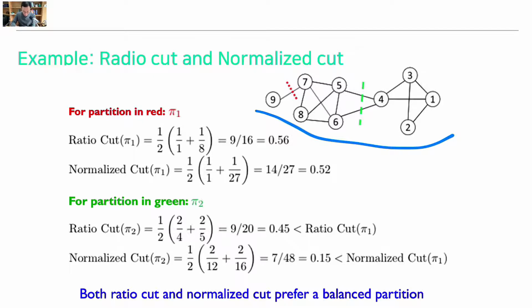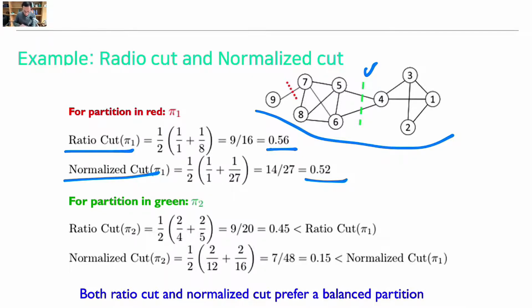So for the ratio cut, we computed it, though I haven't put all the details. The result is that the ratio cut is 0.56 and the normalized cut is 0.52. What about this one? We expect this to be the optimal partitioning.